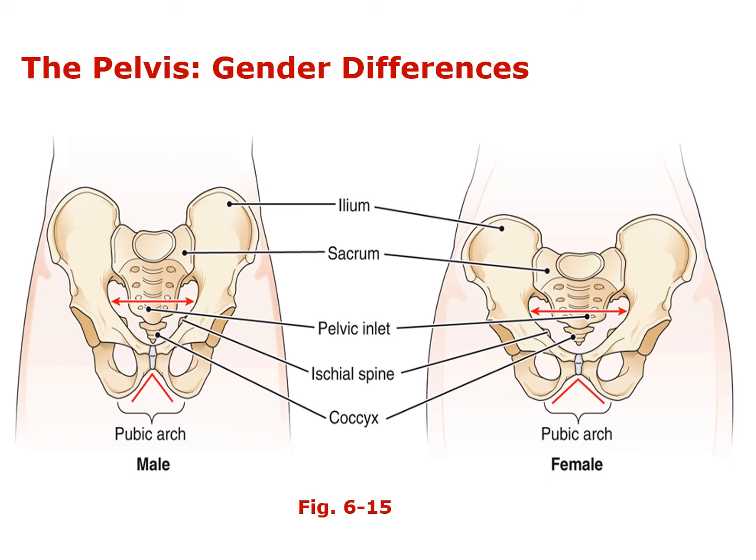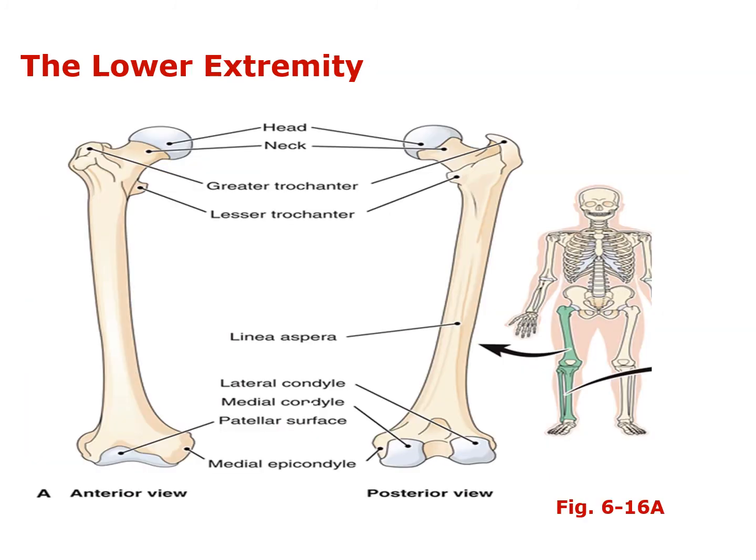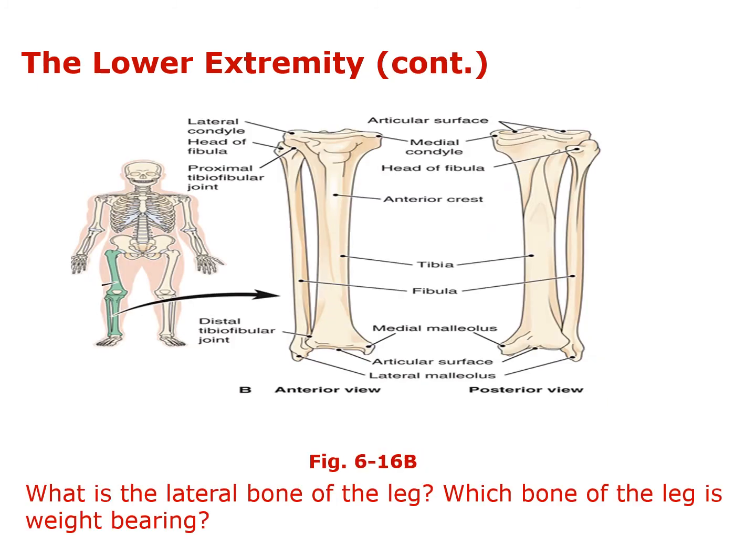Hard to remember. So the ilium's up here for sure. Lower extremity, head, neck of the femur. You can see that there's all these little depressions and projections on here, and that's so that the skeleton can fit together. It's kind of like puzzle pieces.